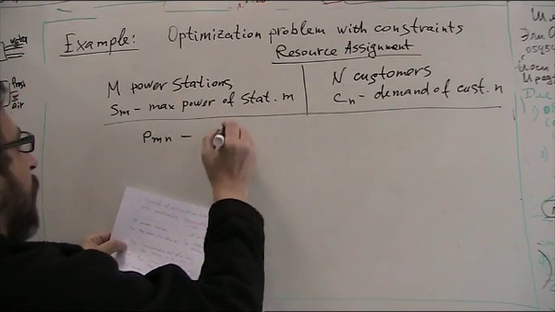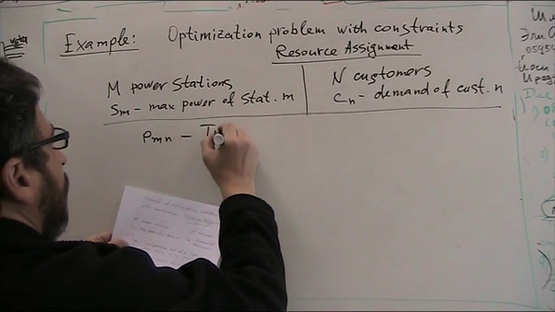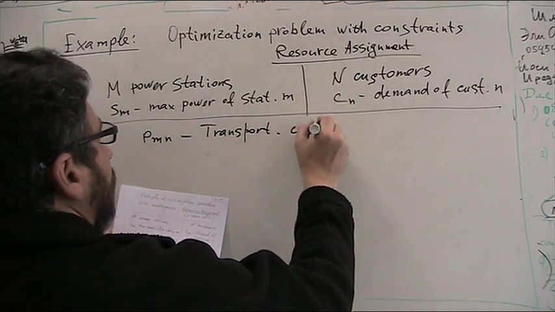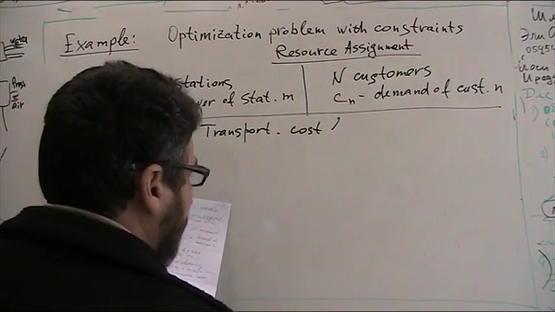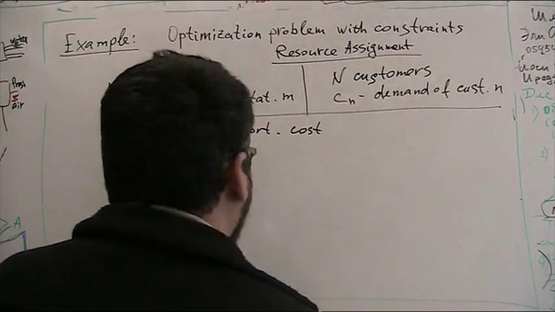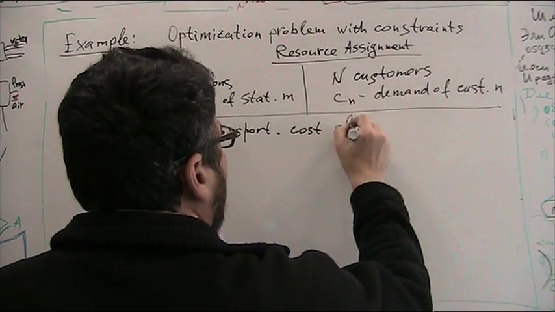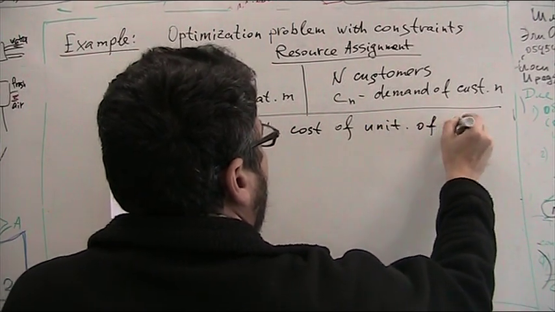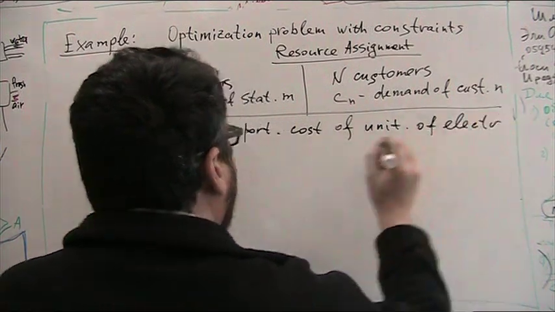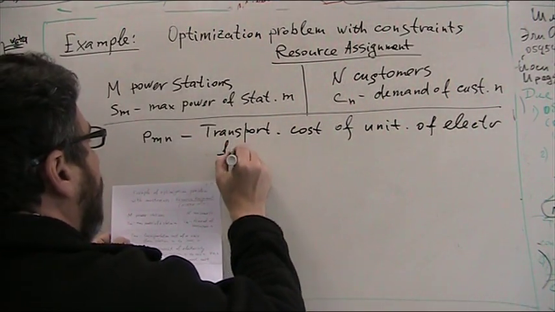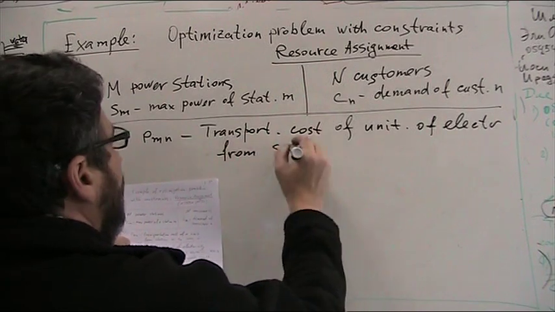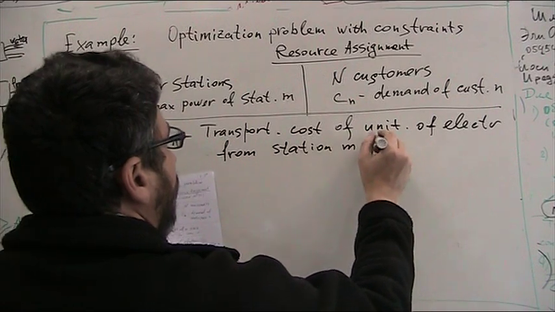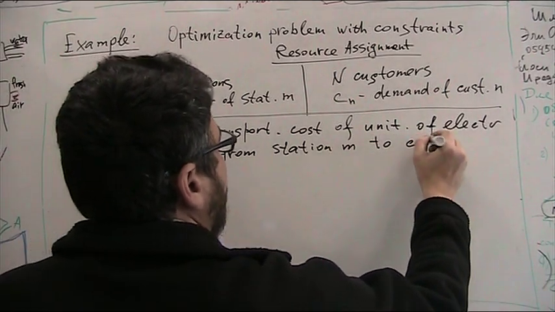This is the transportation cost of a unit of electricity from station m to customer n.